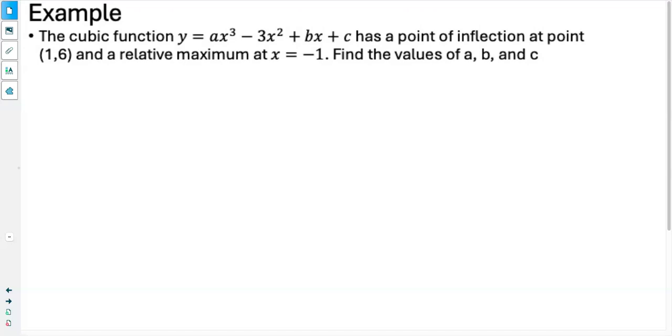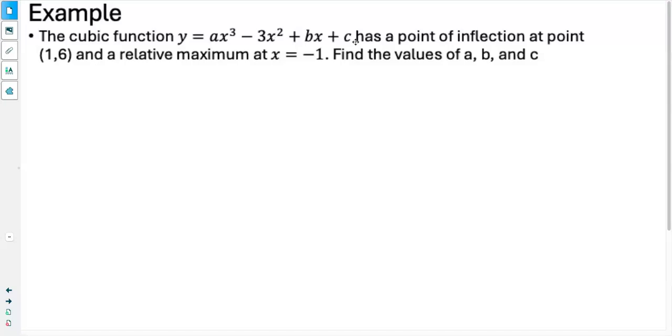Okay, so first thing I'm going to start by doing is taking the derivative of this function. Actually, before taking the derivative function, we can substitute our 1 comma 6 in here to get a relationship between our a, b, and c.